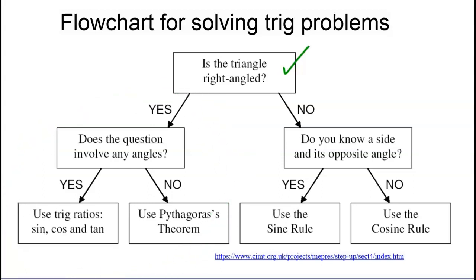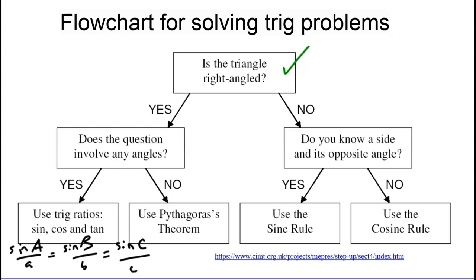Is there an angle that is given? If so, then you can use trigonometric ratios. If you remember, sine A over side A equals sine B over B equals sine C over C. That's the trigonometric ratio.